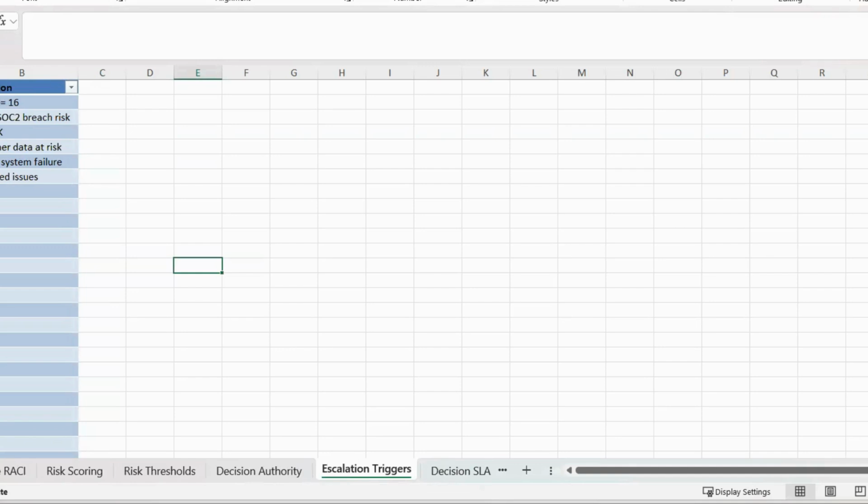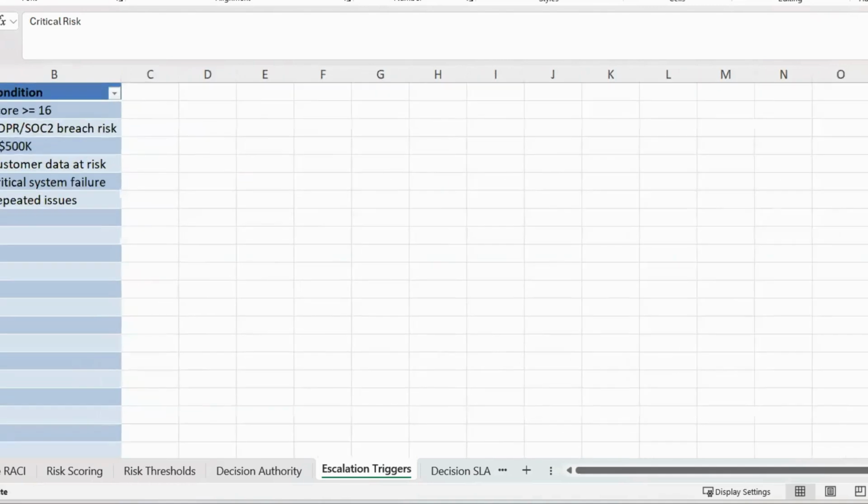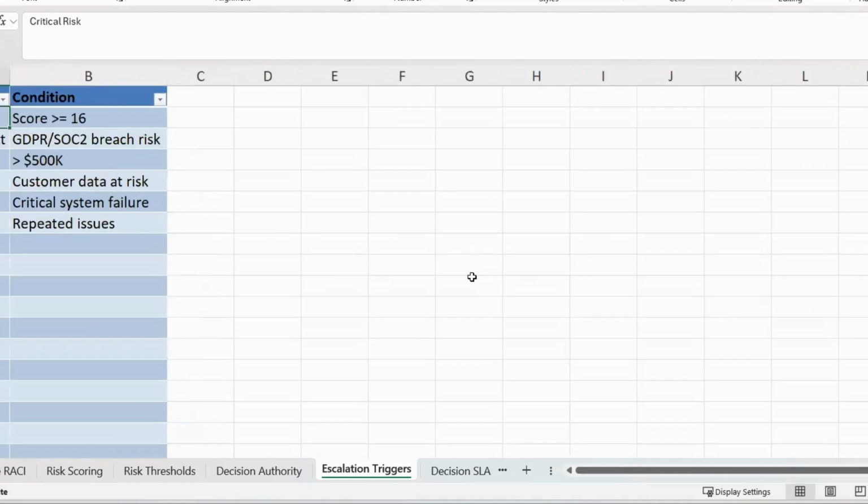For example, some of those mandatory triggers could be the risk score. That is where you have critical risk in terms of the condition. For example, in this case, a score greater than or equal to 16 has been categorized as critical risk for the organization, and regulatory impact to the organization.